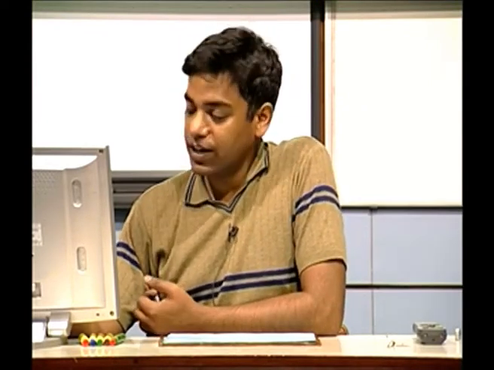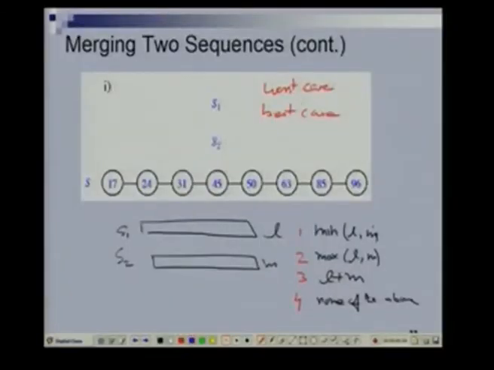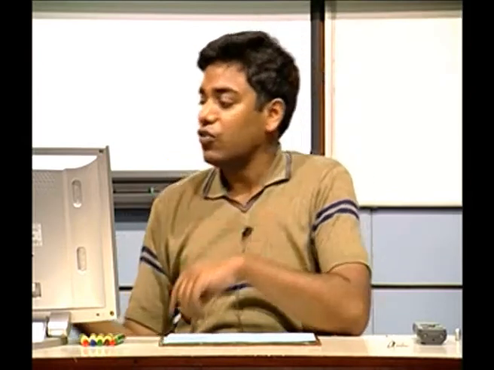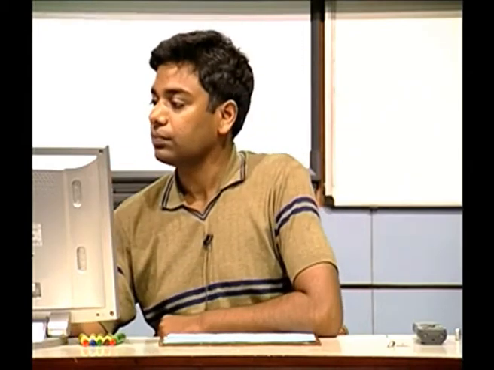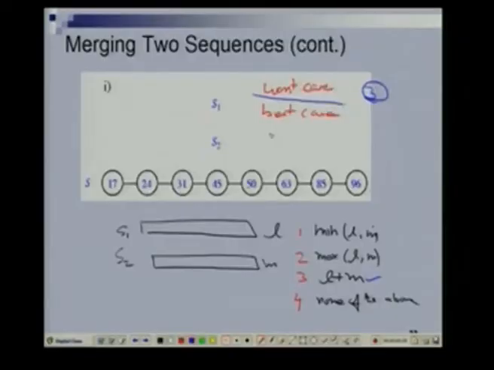Okay, let's look at the worst case. Who can tell me what the worst case is? Okay, in the worst case, what do we have to do? So, the worst case should be L plus m, right. We might have to do every possible comparison. Best case, what is the best case in your opinion?